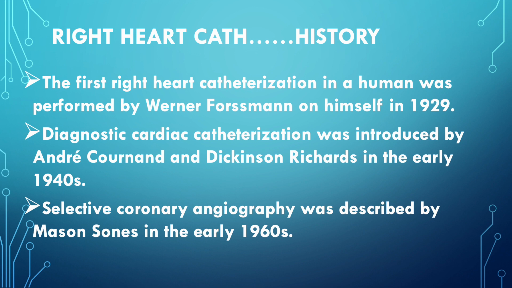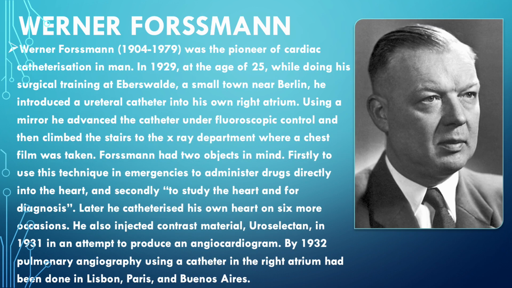And the diagnostic cardiac catheterization was introduced by Andre Cournand and Dickinson Richards in the early 40s. But selective coronary angiography, which we'll speak about later, was described by Mason Sones in the early 60s. And here is Werner Forssmann, the pioneer of cardiac catheterization in humans.